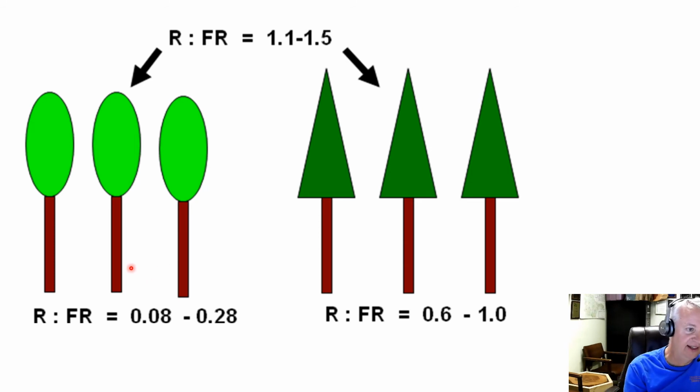So a lot of the light in the understory of a broadleaf canopy has passed through leaves and therefore been depleted in red wavelengths because they're absorbed in those leaves. Whereas in a conifer canopy, much of the light in the understory has passed in between needles because the needles don't transmit much radiation through them. And so that means there's not as much depletion of red wavelengths underneath the conifer canopy.